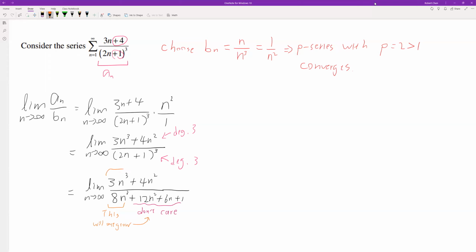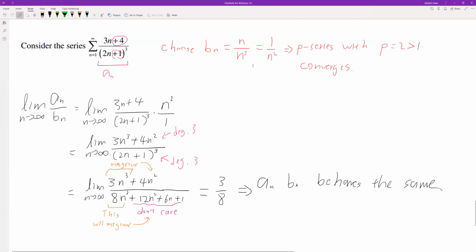Same thing here, this term will outgrow the 4n squared. So when we take the limit, that's just going to go to 3/8, the quotient of the leading coefficients, 3 over 8. So that's a constant, which means a_n and b_n behave the same.